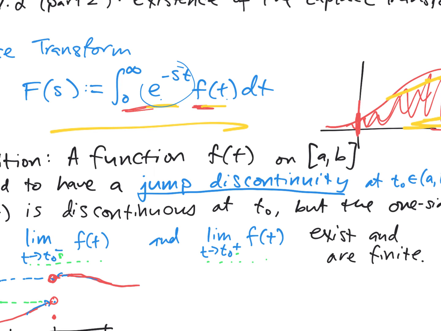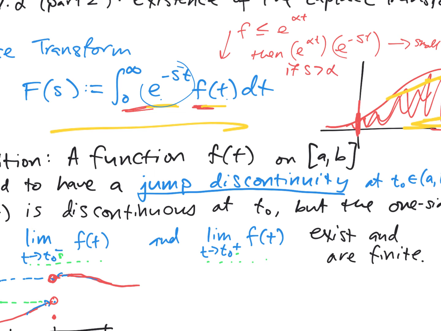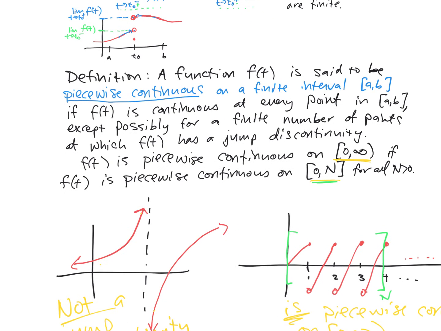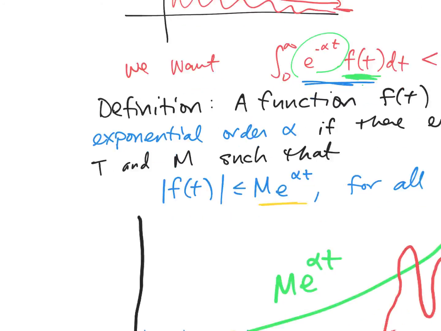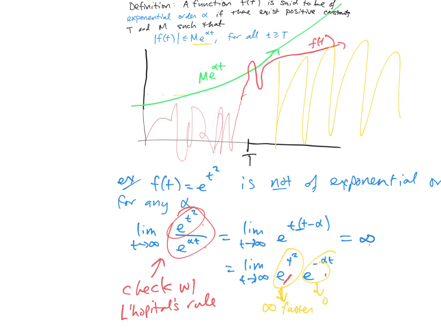I'm going to prove this in a second, but if f is bounded by e to the alpha t, then e to the alpha t times e to the negative st will get small. That's the intuition if s is bigger than alpha. Okay, so that's the rough intuition, and I'm going to put that into math right now.